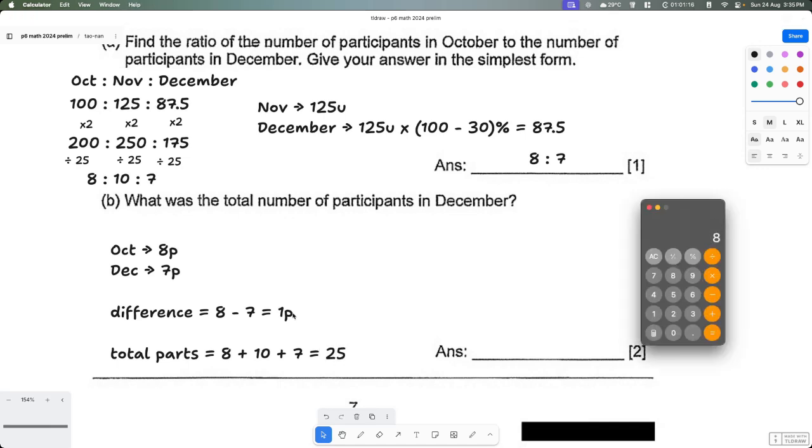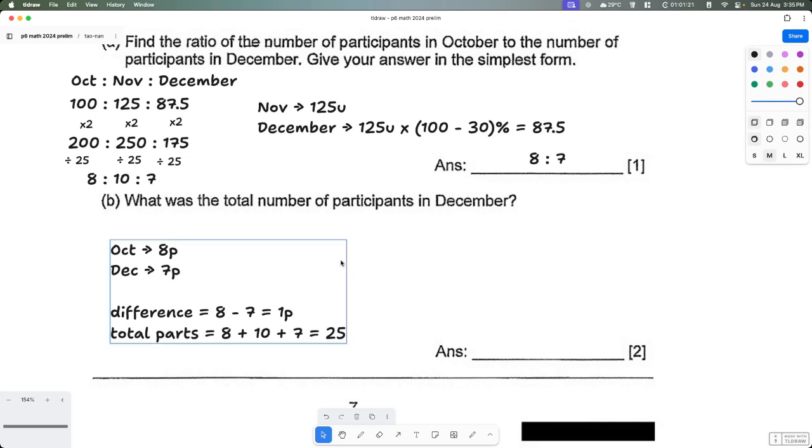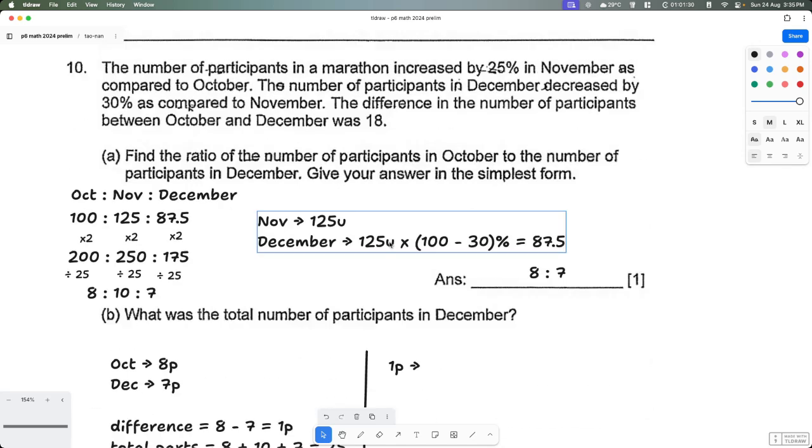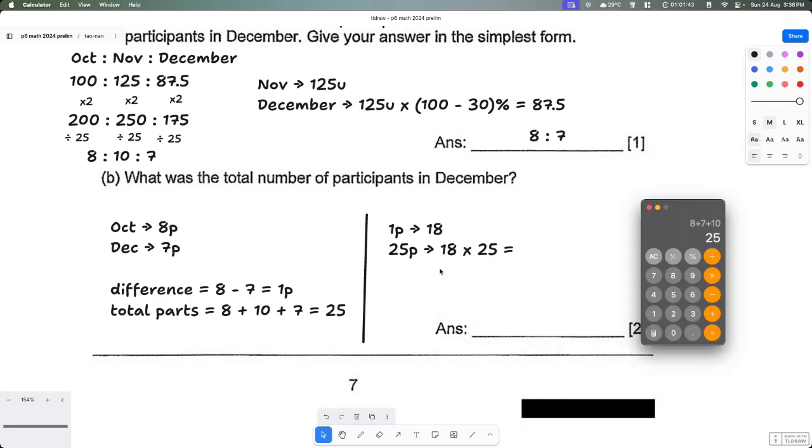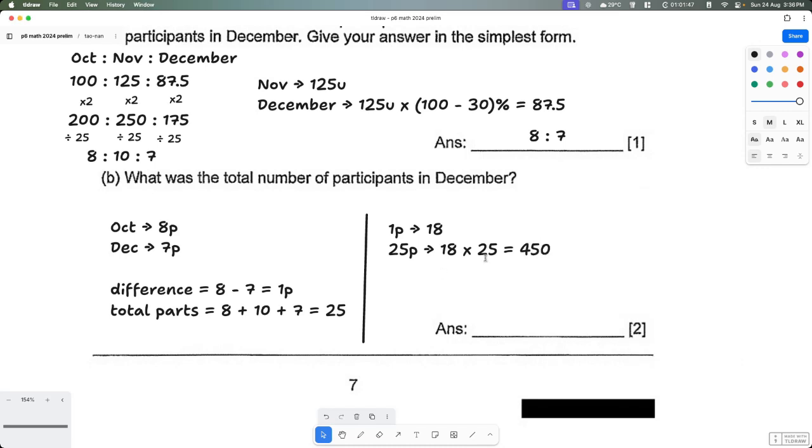Double confirm, 8 plus 7 plus 10 equals 25 parts. So we know one part is equal to 18, that means 25 parts is equal to 18 times 25, which is 450.